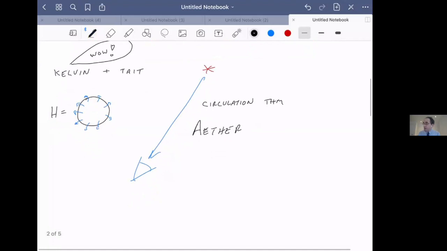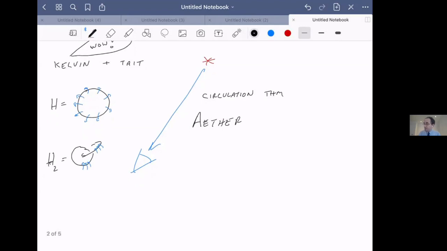And you could have a more complicated fluid flow configuration, maybe like this, where you have two linked rings, invisible rings like this, and the fluid would flow around this ring like this, and the fluid would flow around this ring like this. And by the circulation theorem, this fluid flow configuration would be stable for all time. And this maybe would be a hydrogen molecule, H2, for example. And then you could have something even more complicated.